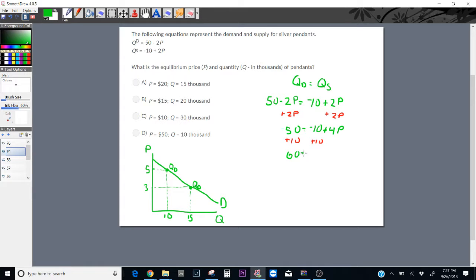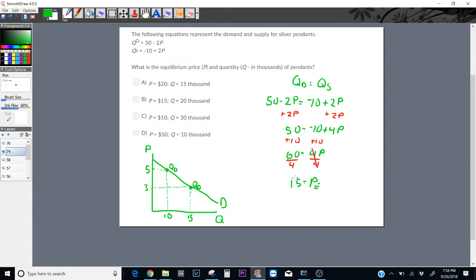So I'm left with 60 is equal to 4p. And then lastly, we just divide both sides by 4. I know that those are going to cancel out, and I have 15 is equal to our price.